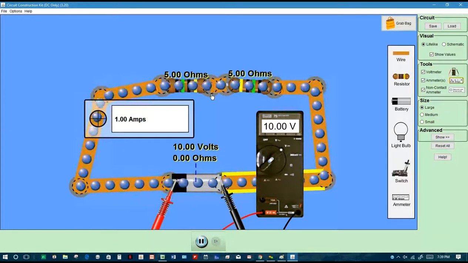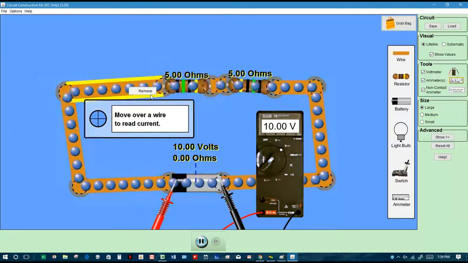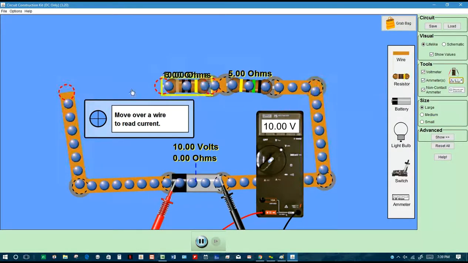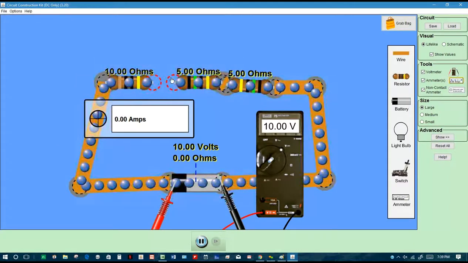So I'm pointing out that Ohm's law always works. It doesn't matter how many resistors you put in there. What if we decide to put a third one in? Now I'm going to put a third, let's just say it's a 10 ohm resistor. What is the total resistance now? Because now we have, let me make this a little clearer.